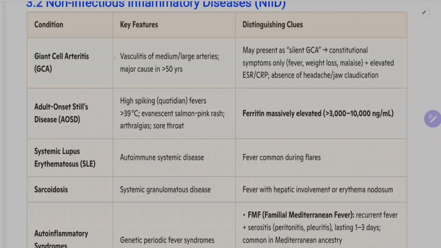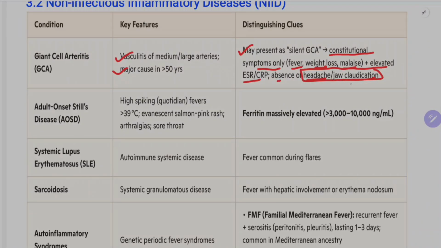Giant cell arteritis. This is a vasculitis of medium or large arteries, a major cause in those more than 50 years of age. This may present as silent giant cell arteritis, where the patient will have constitutional symptoms only, like fever, weight loss, malaise, plus elevated ESR and CRP, and you may not have headache and jaw claudication, which is pathognomonic of giant cell arteritis.